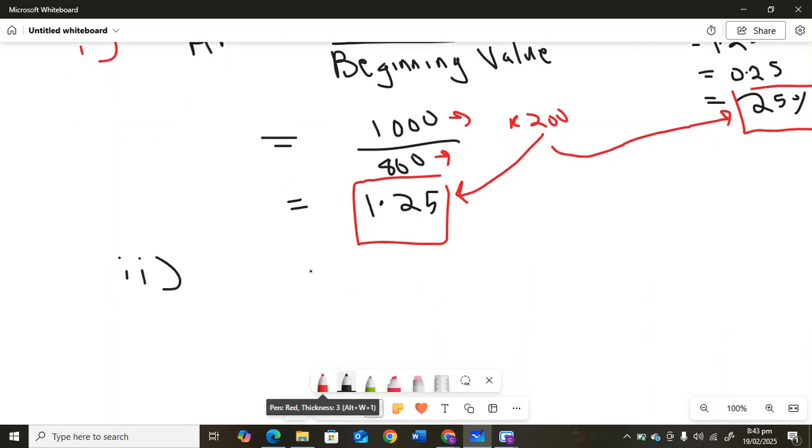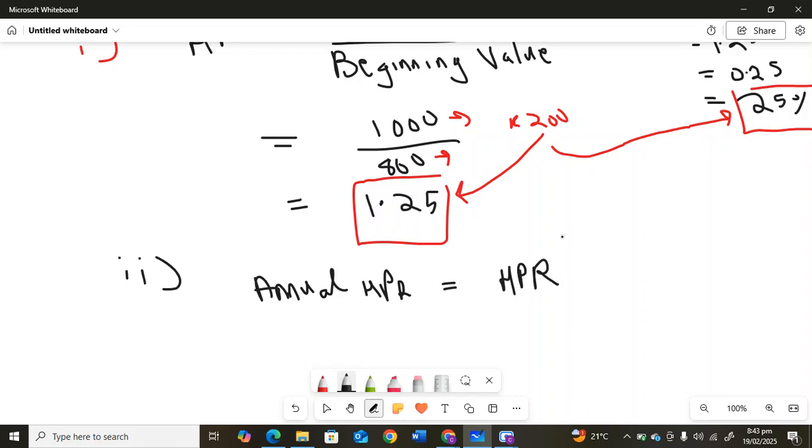So the annual HPR equals HPR to the power 1 over n.